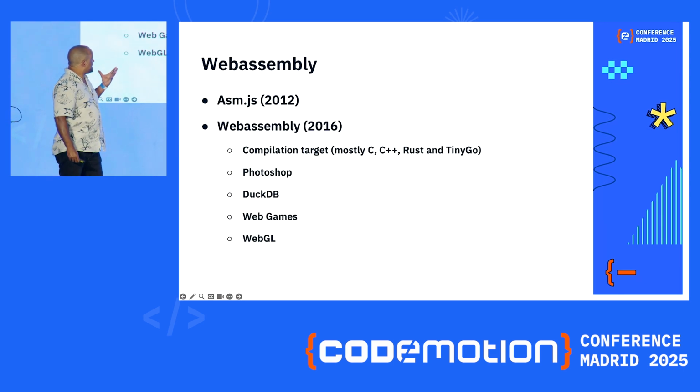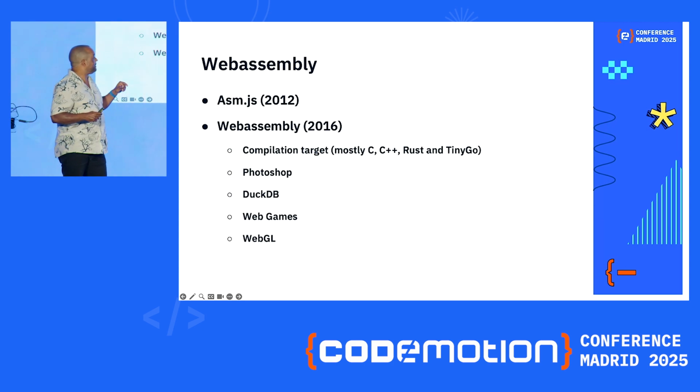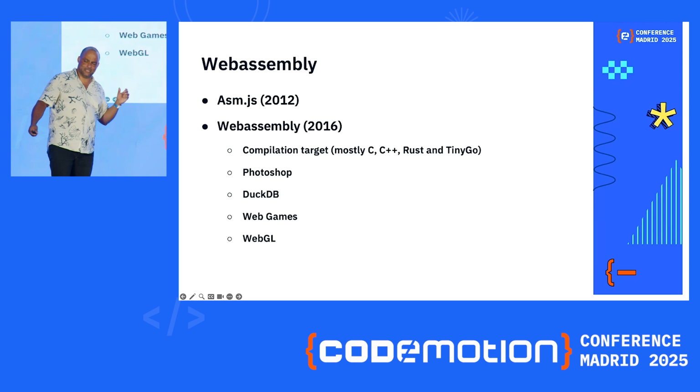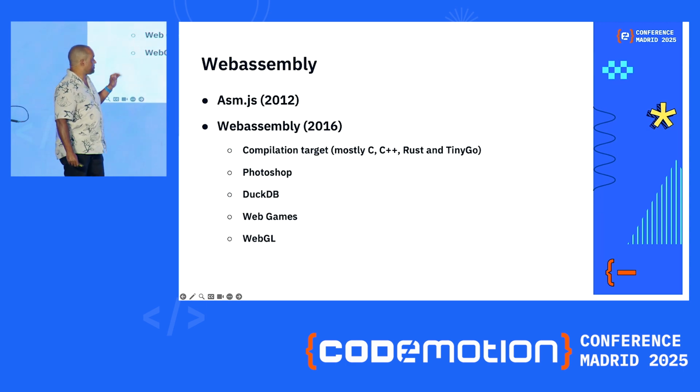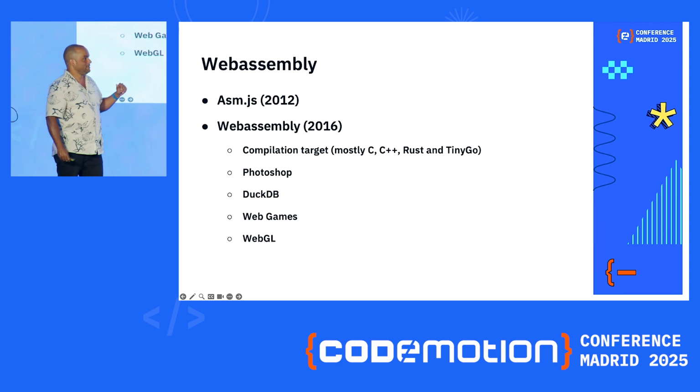And WebAssembly is generally a compilation target. So nobody in their right mind will write manual WebAssembly, but you will generally use a language to compile to it, and generally a lower level language: C, C++, Rust, TinyGo, some more, and hopefully later we can do all languages.